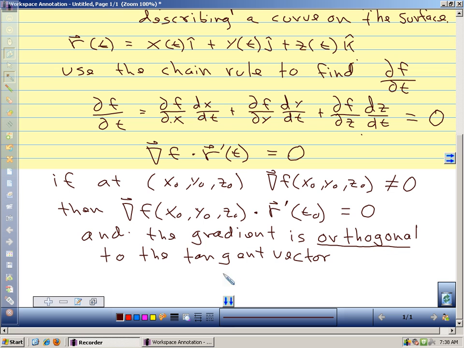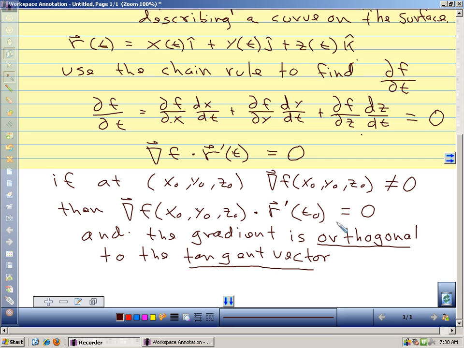And we didn't put any restrictions on our function, and our position vector was an arbitrary position vector of an arbitrary curve on our surface. So we can say that this holds for any surface and any curve on the surface.